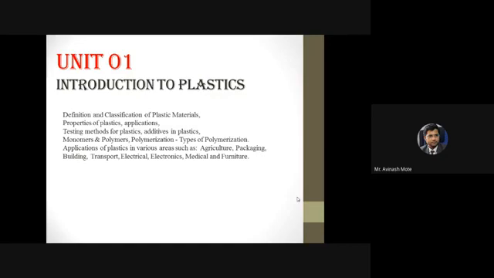Properties of plastic we have already seen: very low density, good moldability, good flowability, so that complex shapes can be prepared. Then applications, depending on the chemical structure. Testing methods like tensile test, flexural test. And then additives in the plastic.